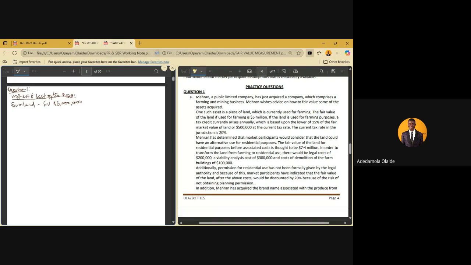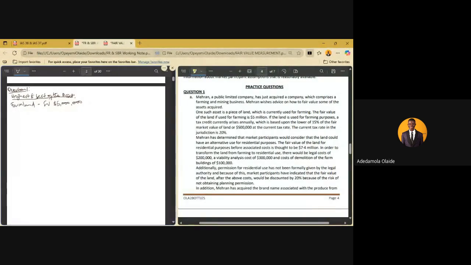Then what else? They said if they use it for farming purposes, a tax credit currently arises annually, which is based upon the lower of 15% of market value of the land. Okay.